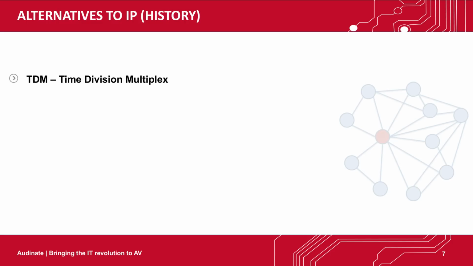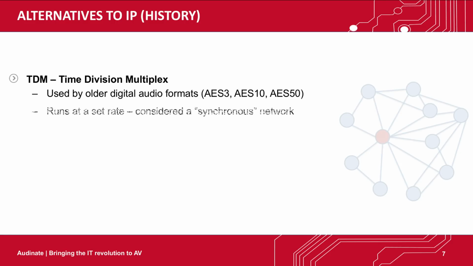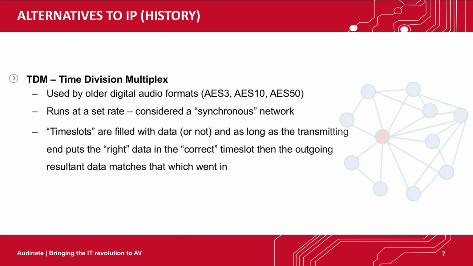TDM was used by older digital formats. It runs at a set rate. This is considered a synchronous network. In TDM, as we saw earlier, time slots are filled with data, and as long as the transmitting end puts the right data in the correct time slot, then the outgoing resultant data matches that which went in.